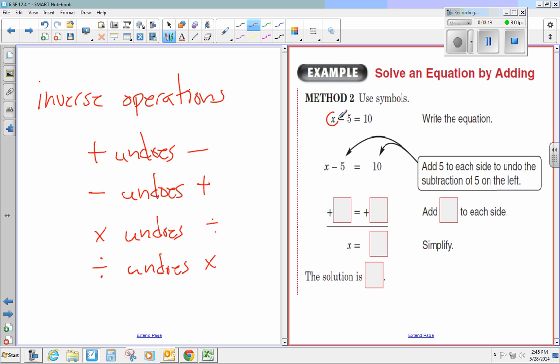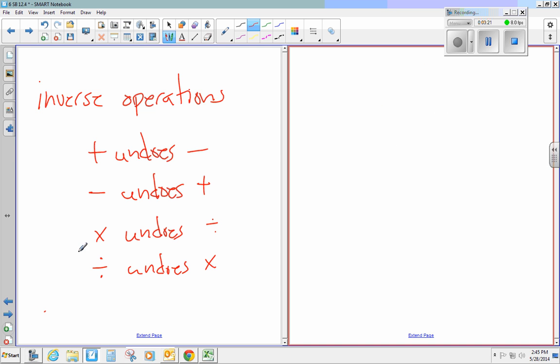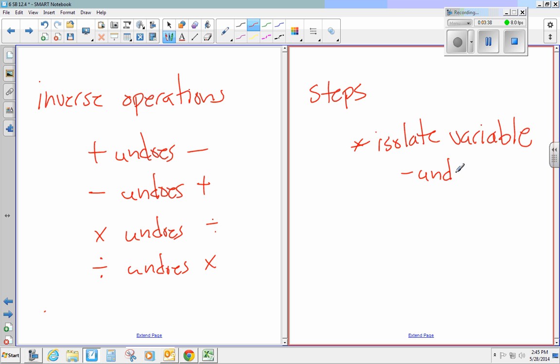So isolate x. Okay, so let's write these steps down again. Step 1, try to isolate the variable. What that means is you undo all operations. You undo them. You use the inverse operations.